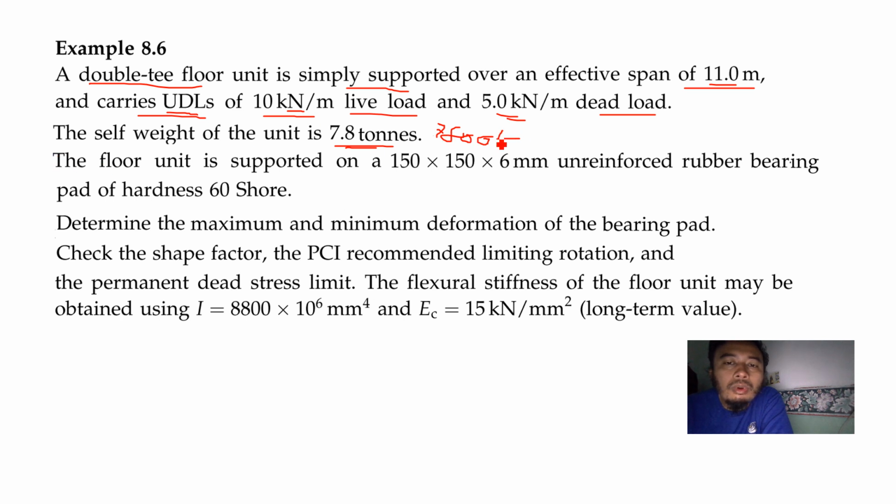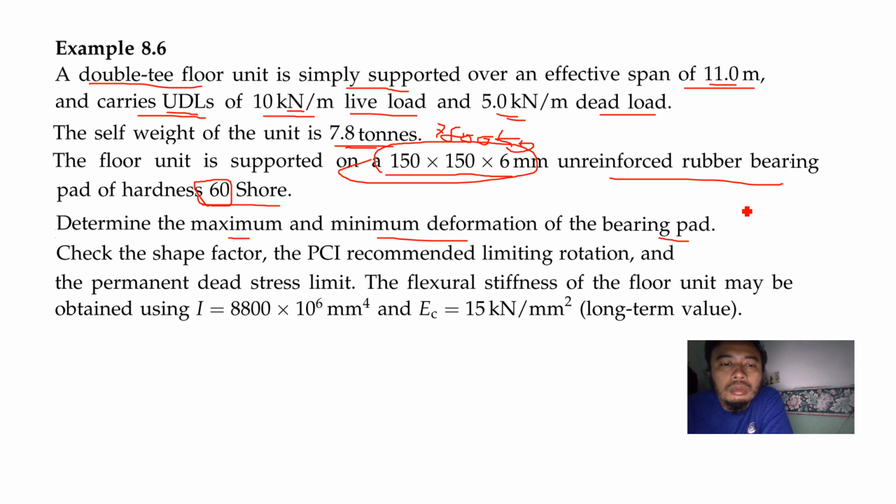And the floor unit is supported on 150 times 150 times 6 mm unreinforced rubber bearing pad of hardness 60 shore. So this is the character of your bearing pad being provided. And then determine the maximum and minimum deformations of the bearing pad.